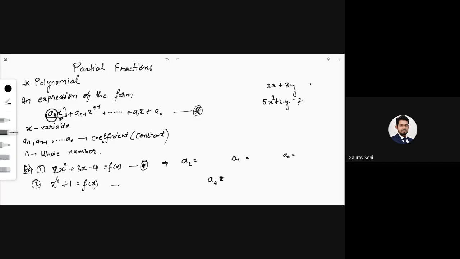So in this example, this is a2, a number associated to x raised to 2. This is a1, associated to x raised to 1. So a2 is 2. a1 is 3 and a0 is something.